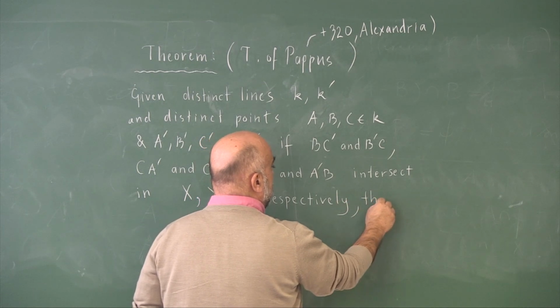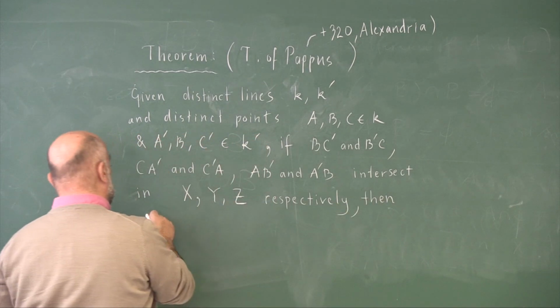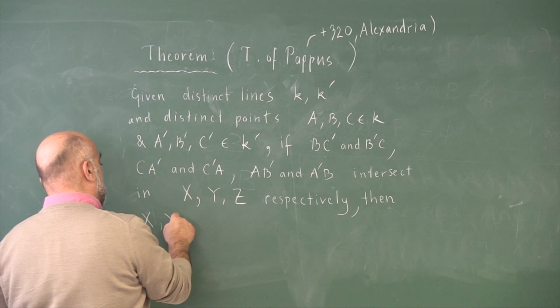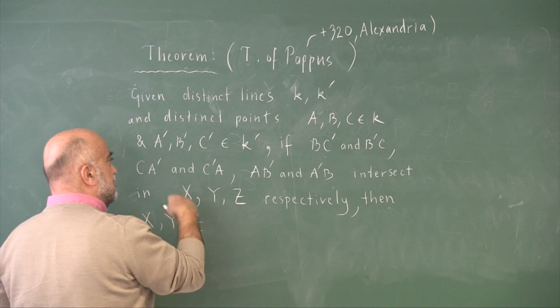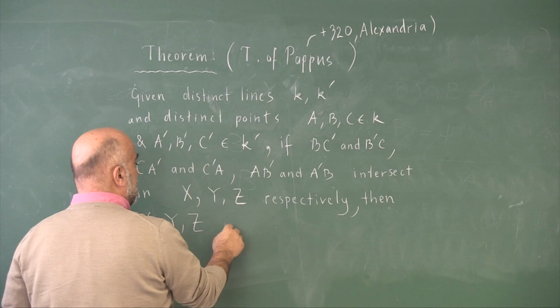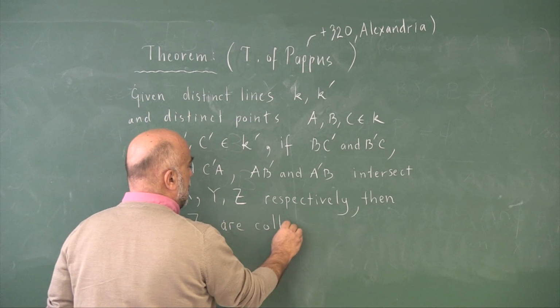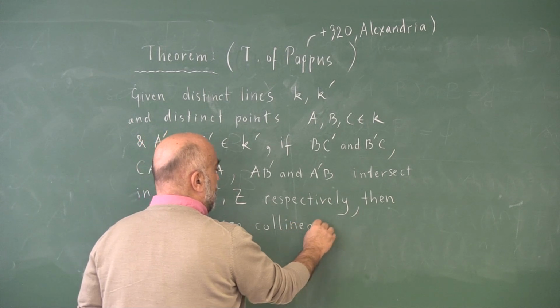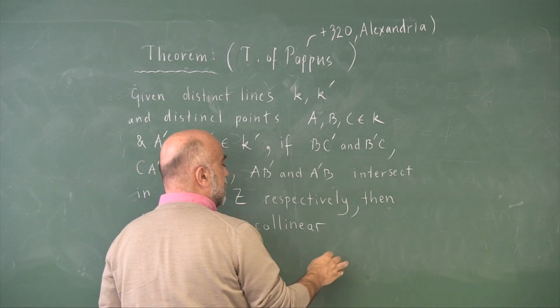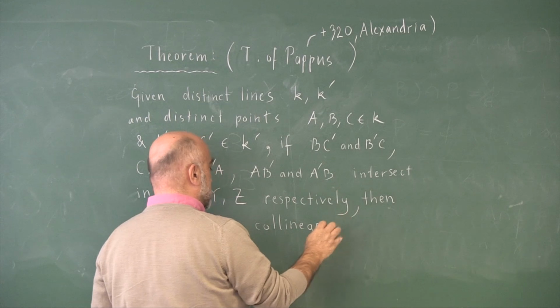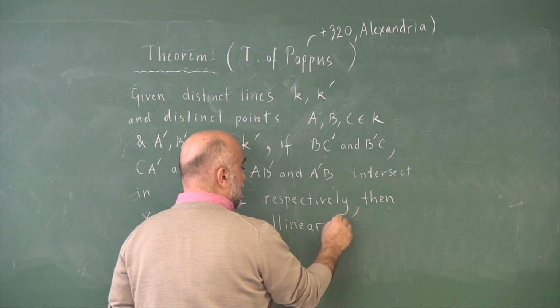Then these points are collinear. I'm not quite sure if this is the best formulation, but never mind that. X, Y, Z are collinear.